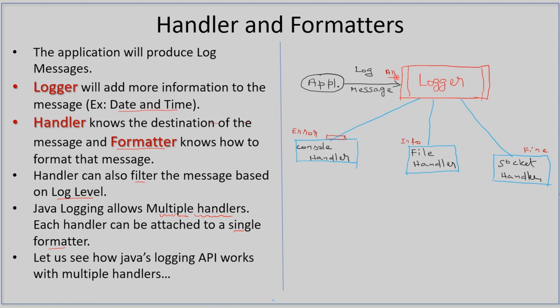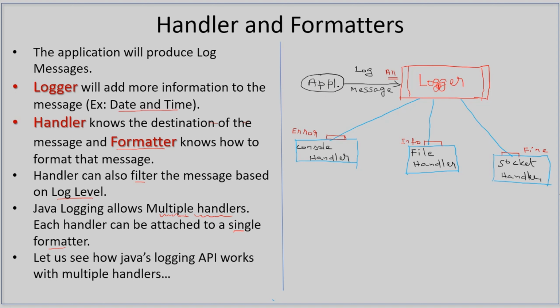It allows all the messages, and at each handler we can have a second level of filter. So that way in the console handler we can see only the error messages, and here we can see info, warning, error, and here almost everything: fine, config, info, error, all those except finer and finest, right? So here you can see the application is producing the log.